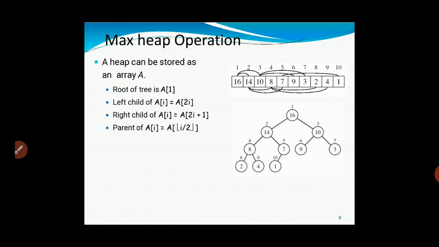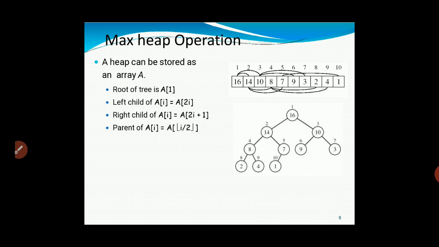For example, 16 is at index number 1. Put i equal to 1, A of i is 16, and A of 2i is 2 times i, that is 1 times 2, equal to 2.